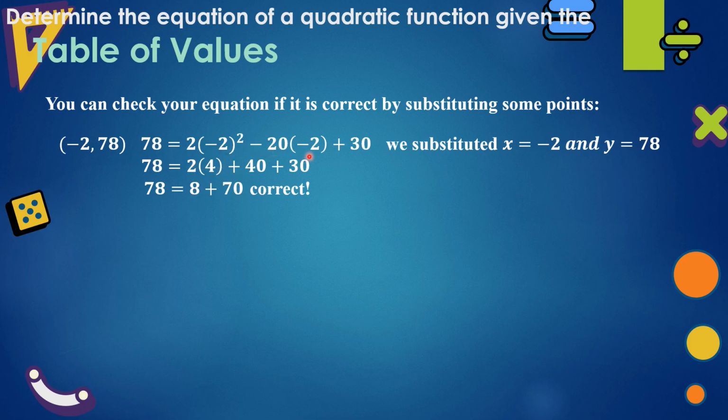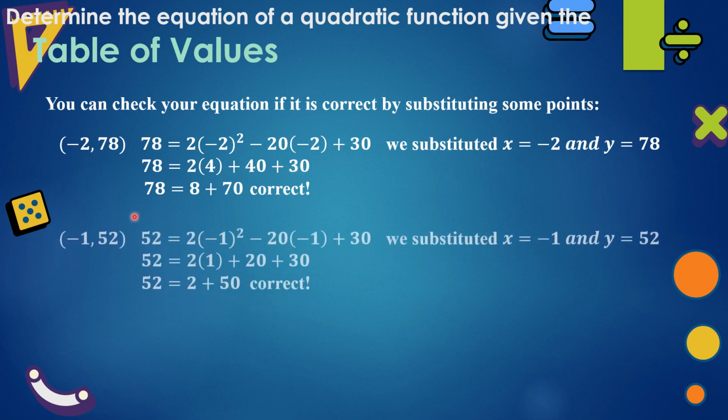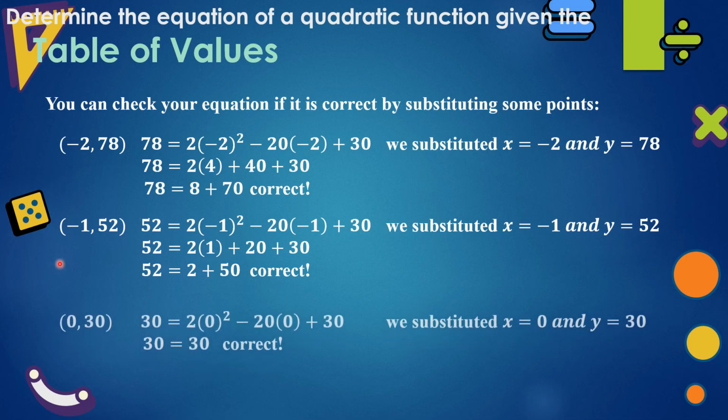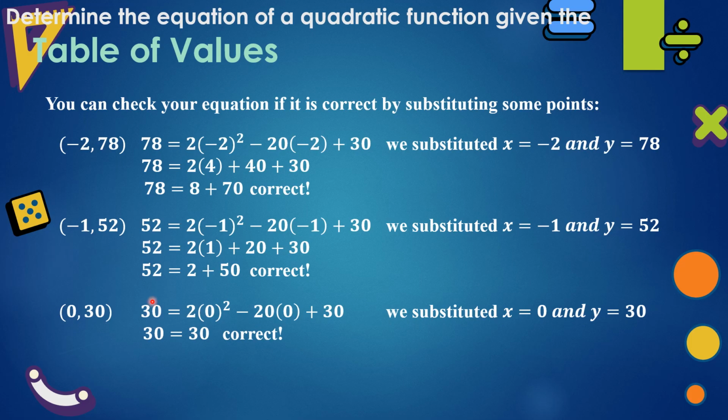Negative 20 times negative 2 is 40. 8 plus 40 plus 30 is 78. So it's correct. You can also try (-1, 52) and (0, 30), and still the equation is true to these points.